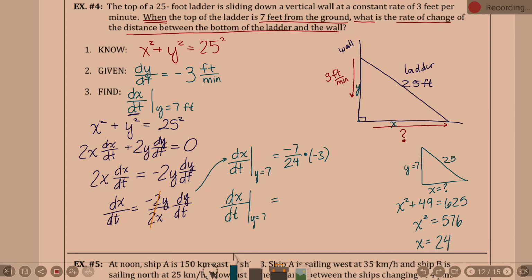Negative 21 over 24? I disagree. Positive? Oh, yeah, negative times negative is positive. Whoopsie. I also know that 21 and 24 both divide by 3, which gives 7 over 8.